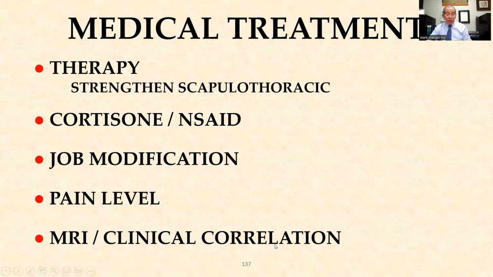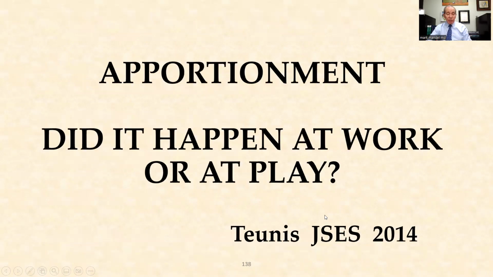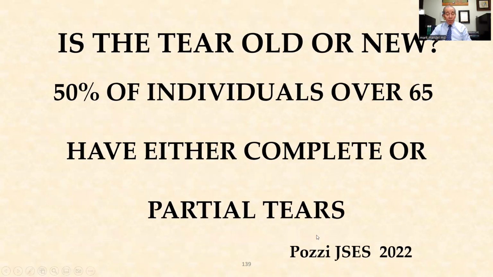But you have to correlate any diagnostic study with the patient's clinical presentation because, as I just pointed out, 9.7% of people in their 20s have changes in their rotator cuff. And the question is, did the injury occur at work or did it occur at play? That was pointed out by Tunis, Journal of Shoulder Elbow Surgery, out of the Harvard Mass General group.